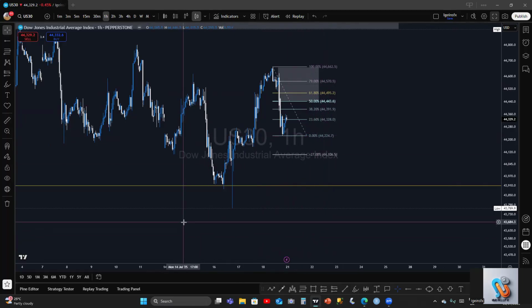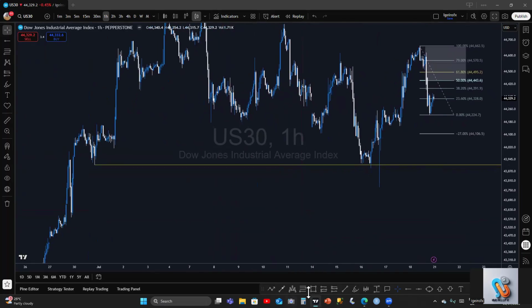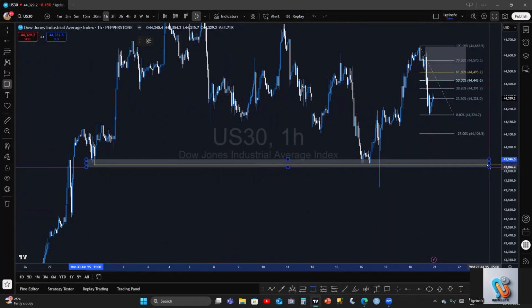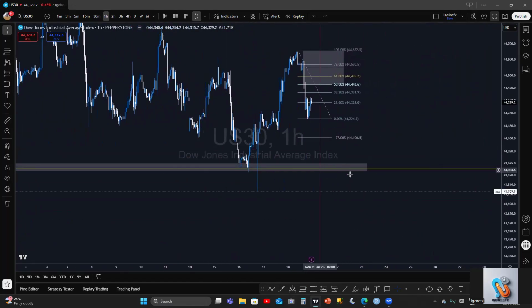But what we don't know is that when price gets to this same support level, we rest assured that there will be a reaction.